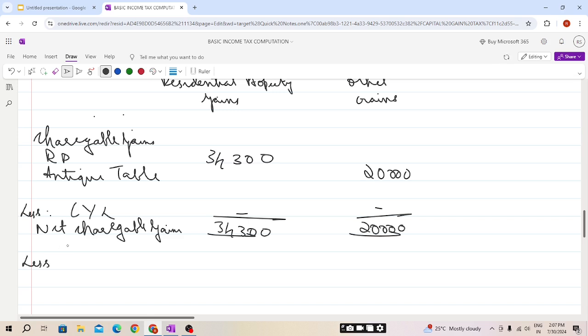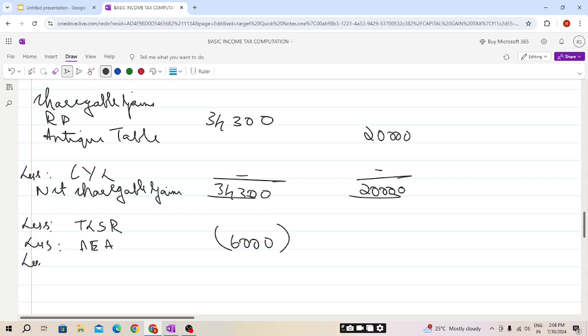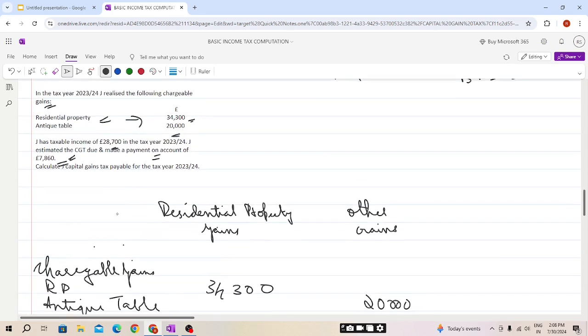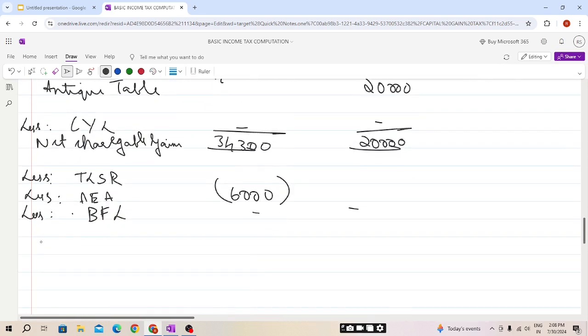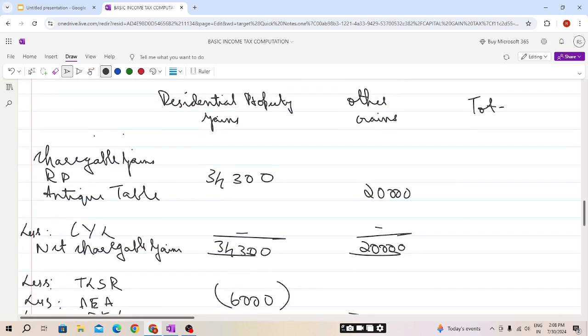Then less trade loss set off relief, nothing is provided. Less AEA. Now AEA, students, we need to set off first against the residential property, so the whole 6,000 we can reduce it. Then less brought forward loss. Any brought forward loss mentioned in the question, students? Nothing is mentioned, so it is 0. So this will be our taxable gains. Our taxable gains will be, students, 28,300.